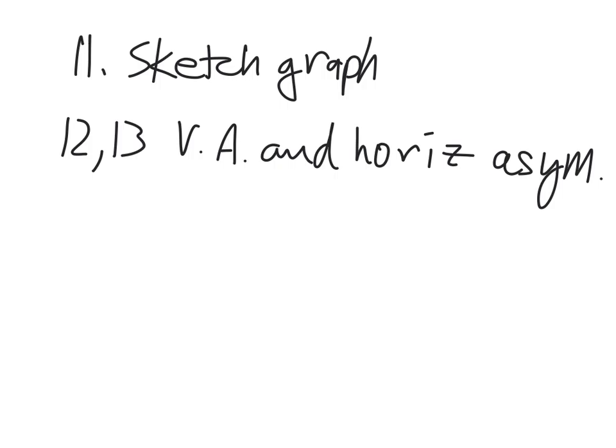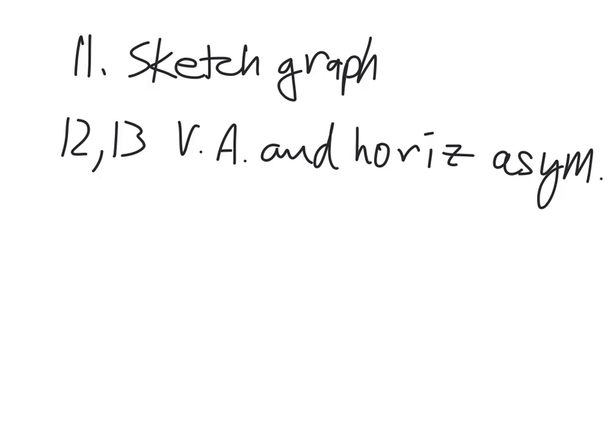And then the horizontal asymptotes are basically comparing your degree for your polynomial in the numerator to your denominator. If they're the same degree, like number 12 is, then you'll have y equals, and then your coefficients, 3/2 in the case of number 12.